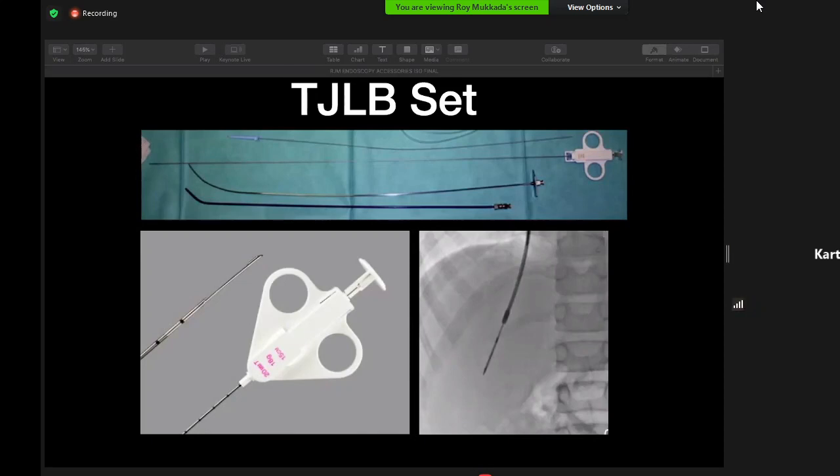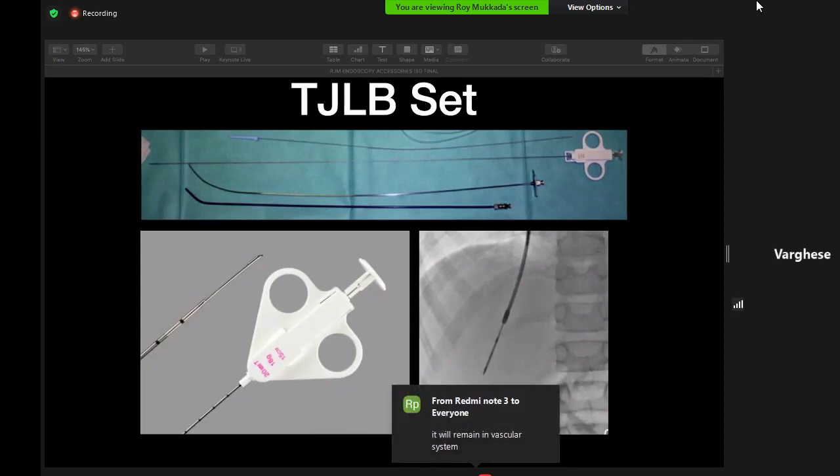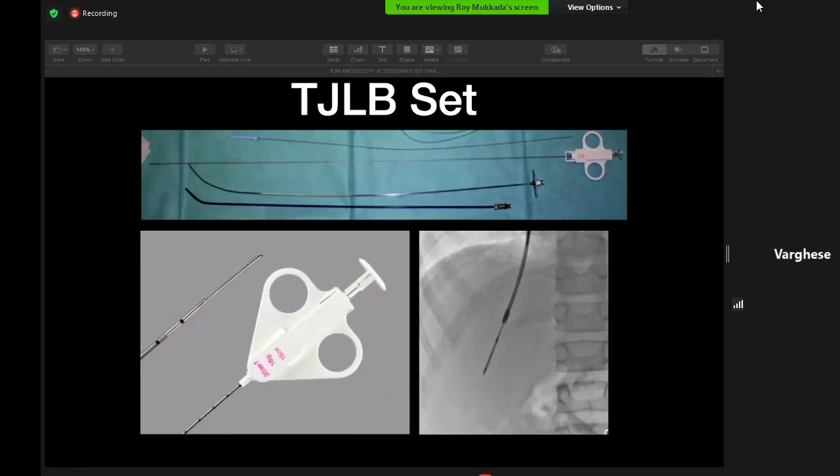Through the jugular vein, we access the hepatic vein, sir, and then take the biopsy. So there will not be any extravasation of blood outside. It will be within the vascular lumen. Bleeding will be into the vascular system only, so obviously blood volume loss or contraction will not occur.